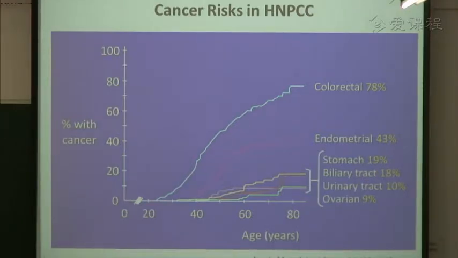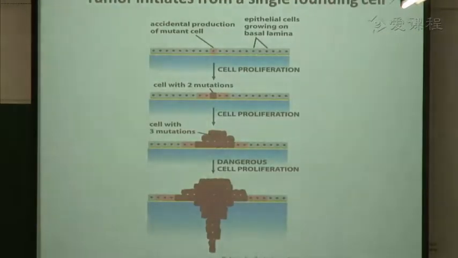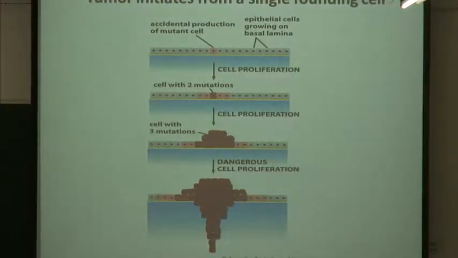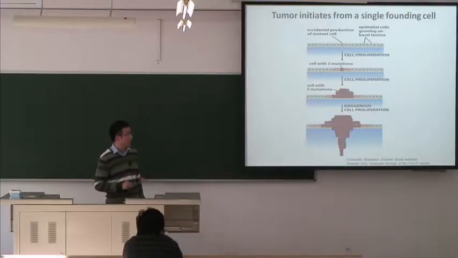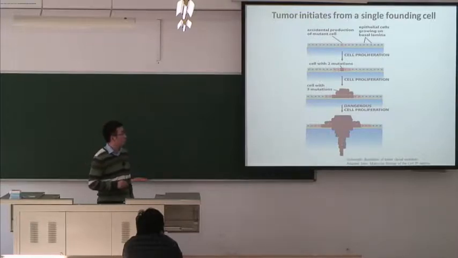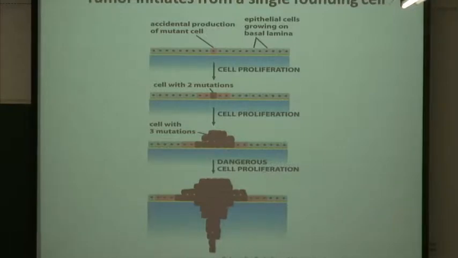As you have learned, cancer is a genetic disease arising from the malfunction of genes, majorly involved in these three categories of genes that I have talked about. So then, how is a tumor initiated and progressed, driven by these tumor genes? Now it's well accepted that a tumor initiates from a single founding cell.